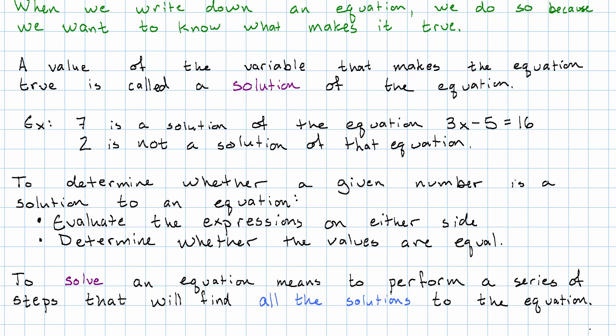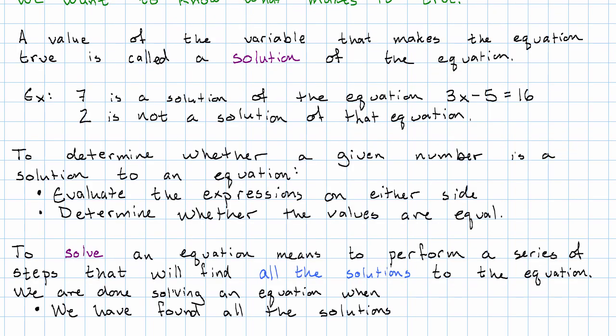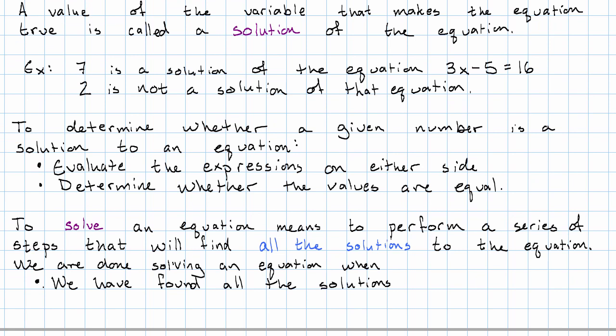To solve an equation means to perform some series of steps that will find all of the solutions to the equation. If we have solved an equation, we have found all of the solutions to the equation. And what's more, we know for sure that there are no other solutions.